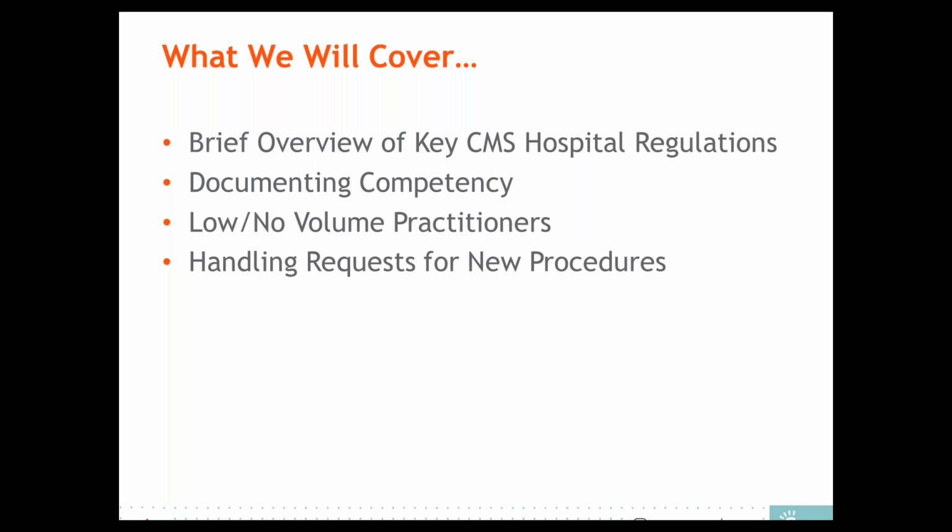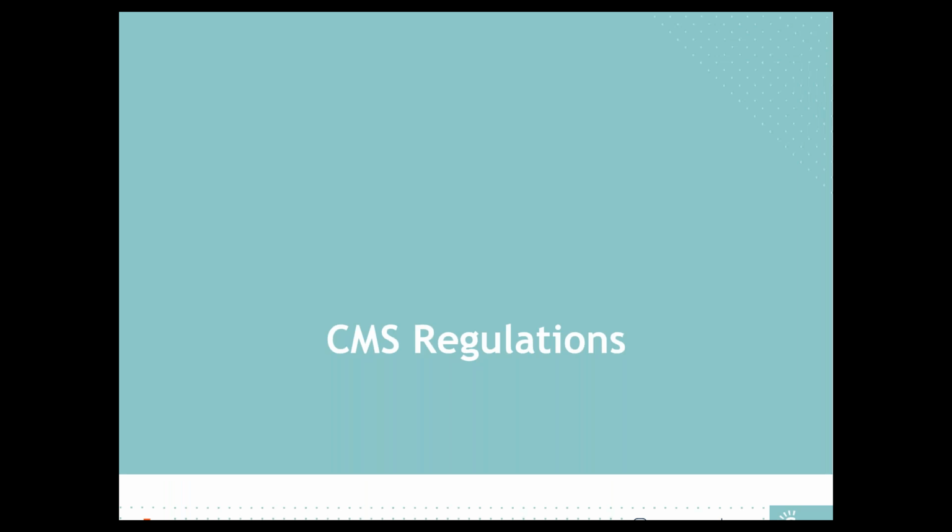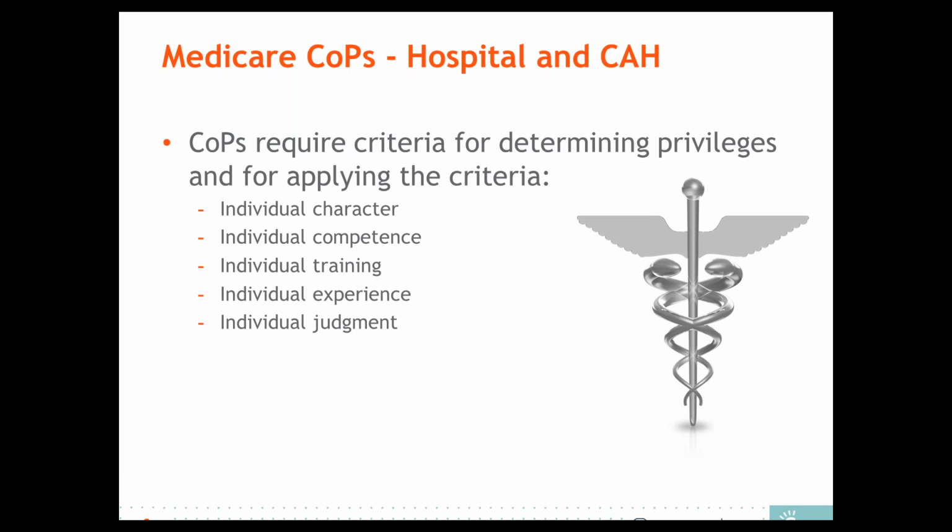So these are some more advanced topics to build on our past presentation that we did on basic credentialing. First off, let's take a look at some of the CMS regulations. The Medicare conditions of participation for both hospitals and critical access hospitals require that you evaluate certain things when somebody requests privileges.